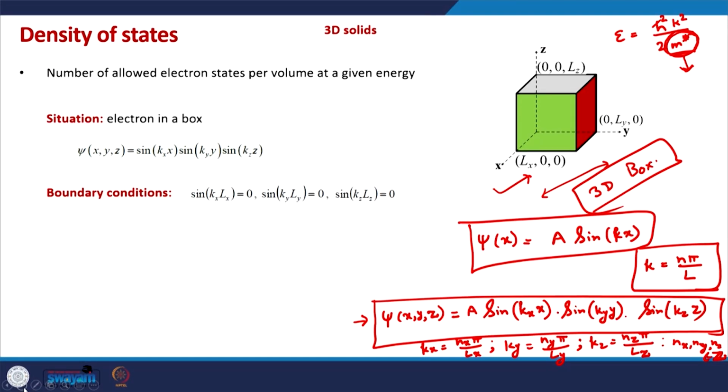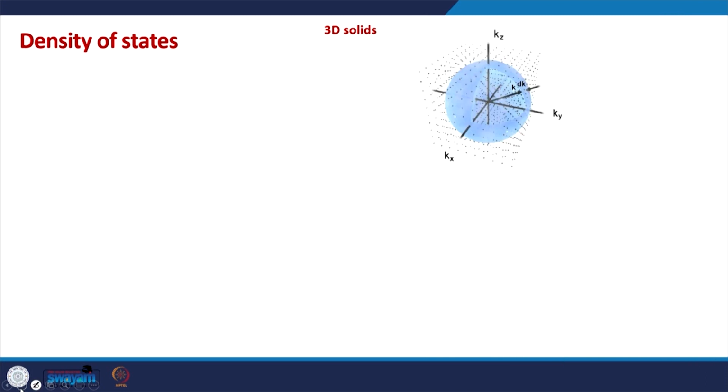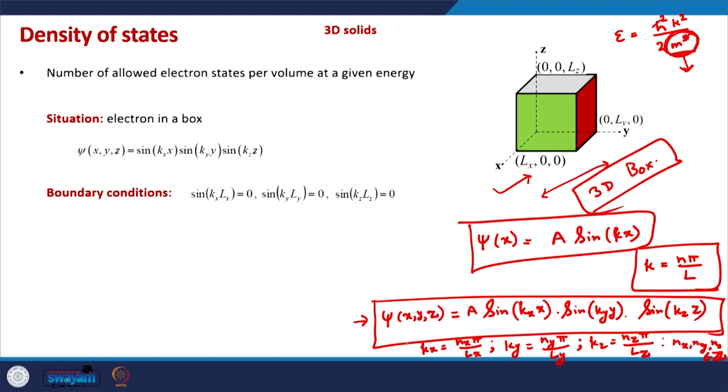In order to do that calculation, it is always easy, since as you might have already seen from the solution of the wave function, different wave functions exist for different values of kx, ky, kz. So, in order to calculate the number of allowed electronic wave functions, we need to calculate different k values in the system.